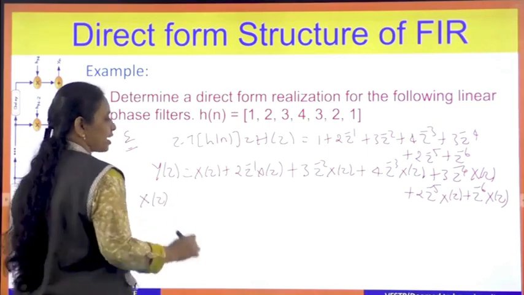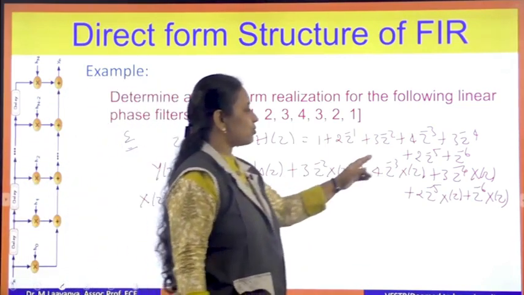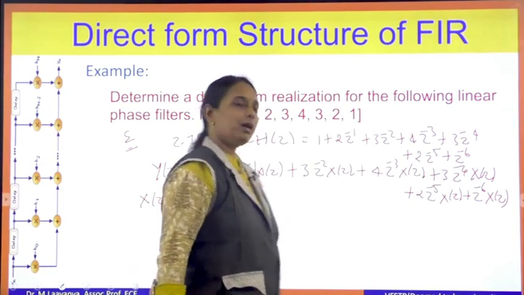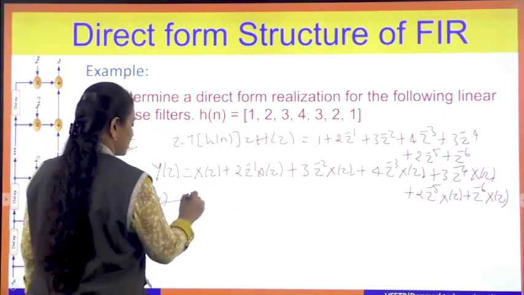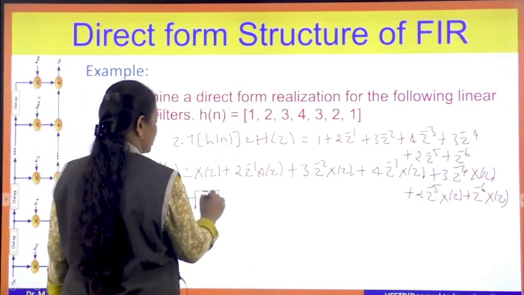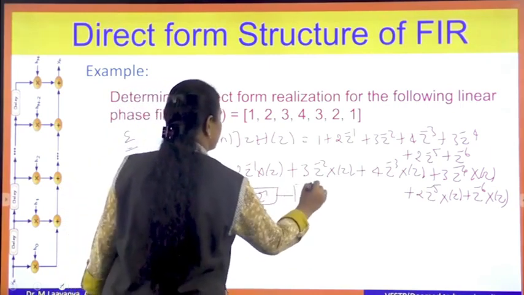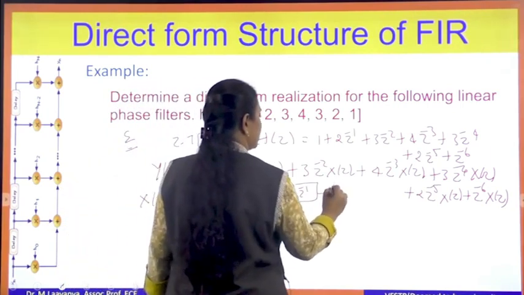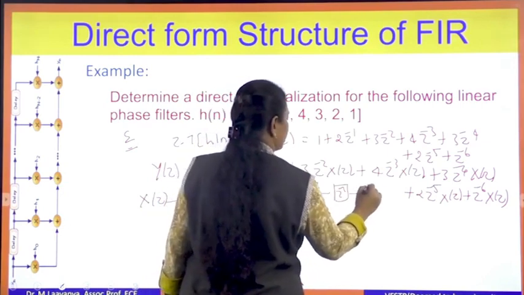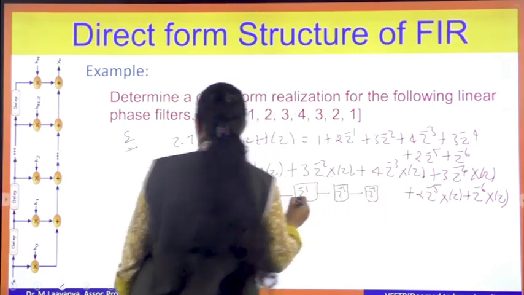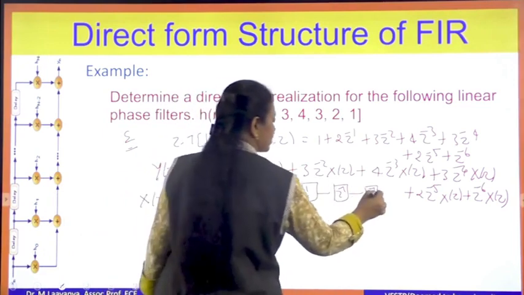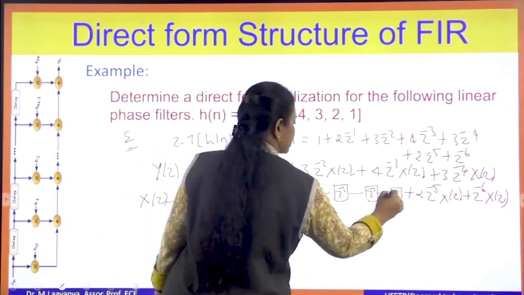How many delays are required? Minus 1, minus 2, minus 3, minus 4, minus 5 and minus 6. Put 6 delays so that it will be easy. 2, 3, 4, 5, I will have another delay here itself, 6.